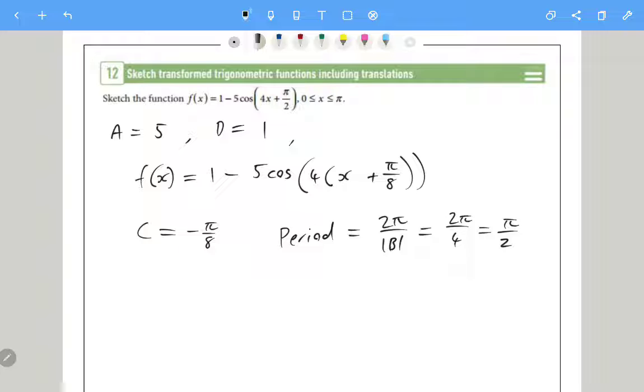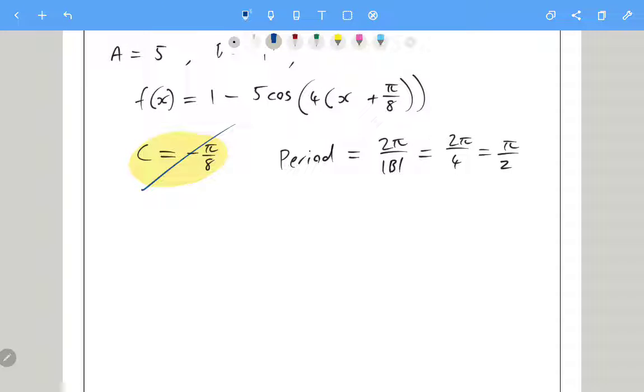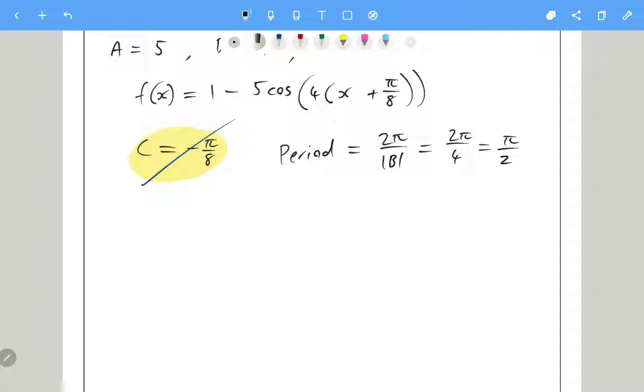It's going to repeat quite regularly. So now that we've got all of this information, let's sketch it ignoring one thing, the c value. We're just not going to worry about it. We're going to come back to it in a moment.